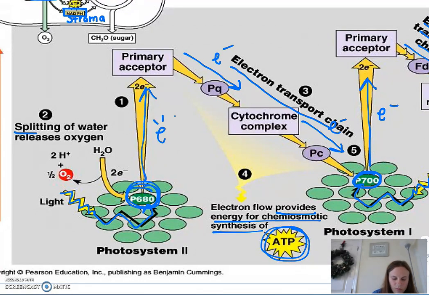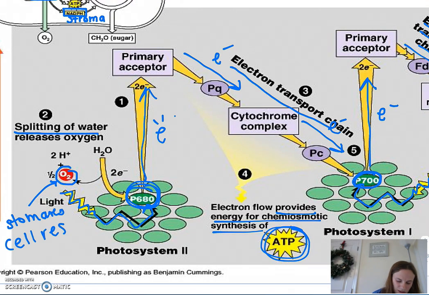Well, the splitting of water is going to enable us to replace that electron that was lost. So the splitting of water is going to release oxygen and it's going to release hydrogen. This oxygen is going to leave through the stomates, or it's going to be used for cellular respiration.